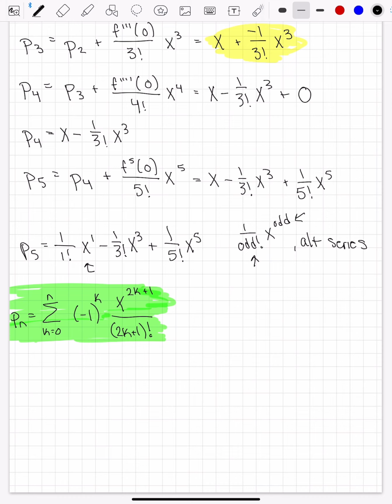So the last thing I wanted to talk about was compositions of functions.